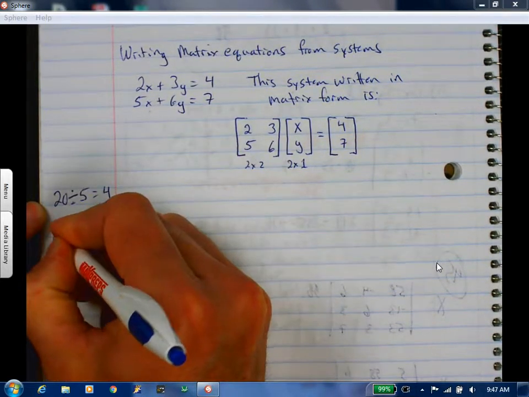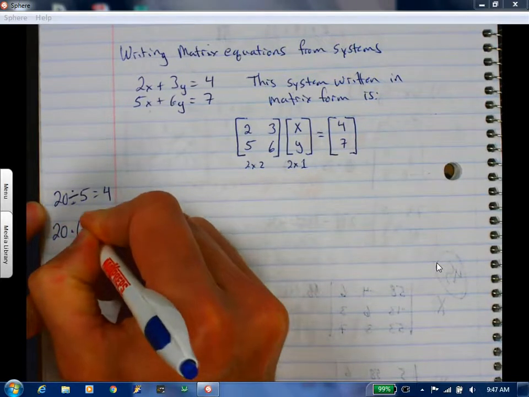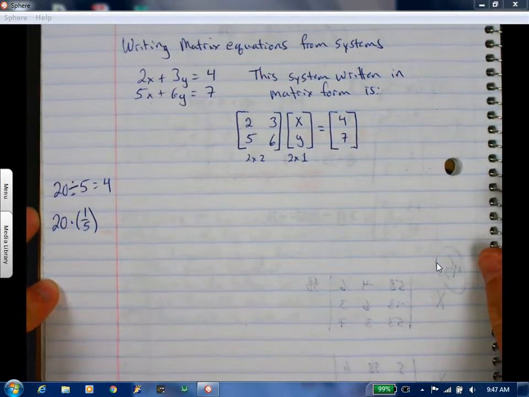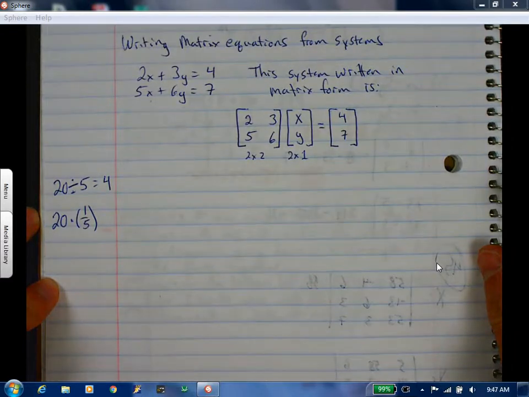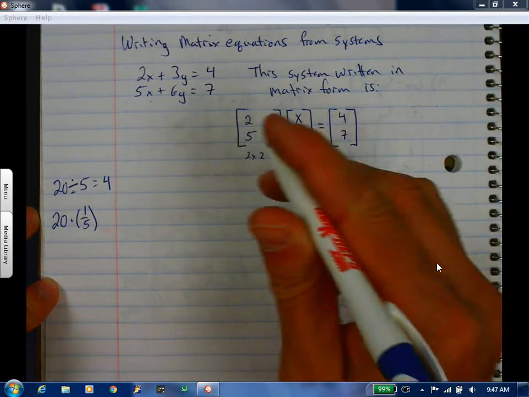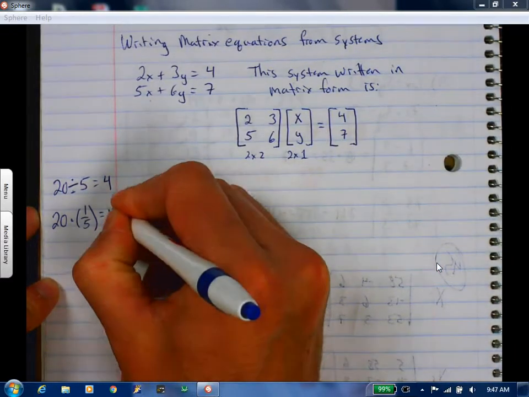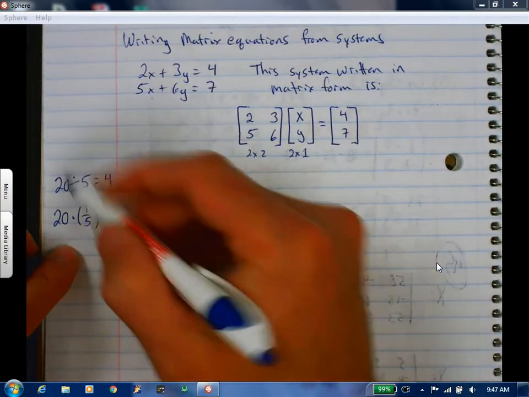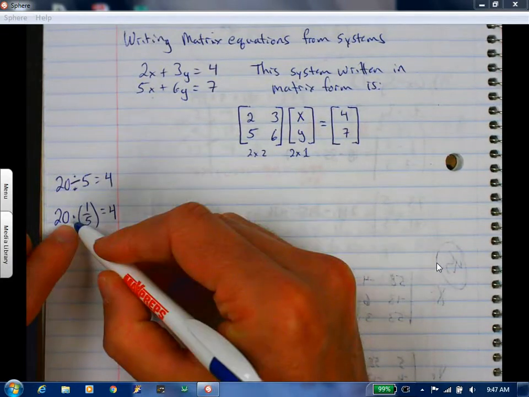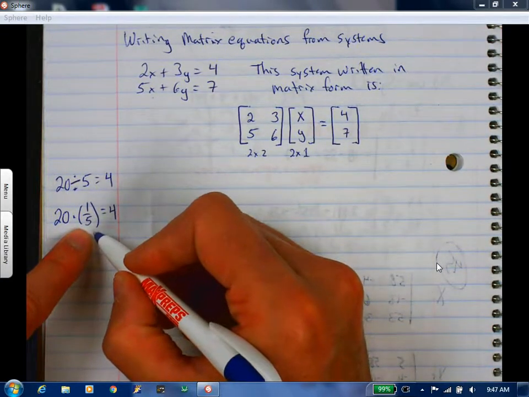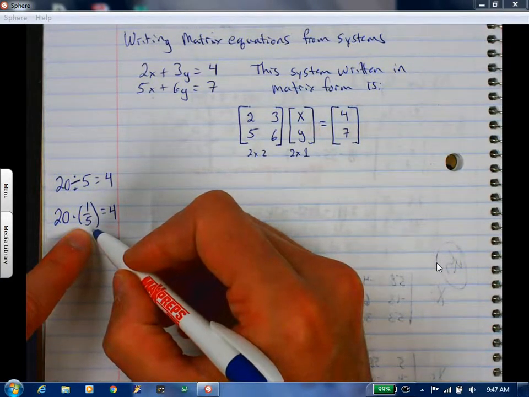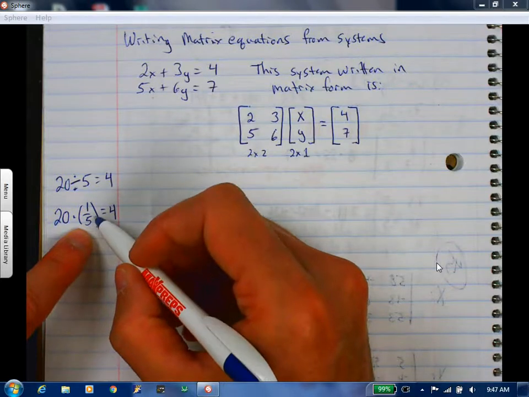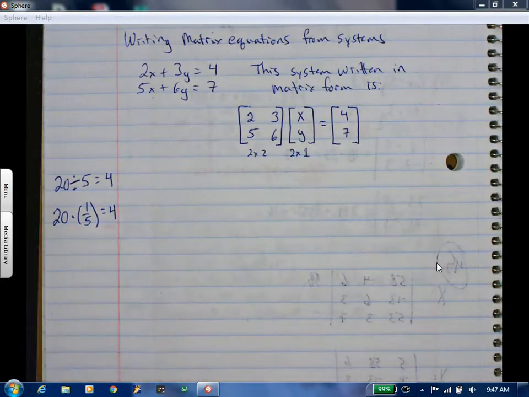What is 20 times 1/5? Also 4. So division is the same thing as multiplication of a reciprocal or fraction. So we say 1/5 is the multiplicative inverse of 5.